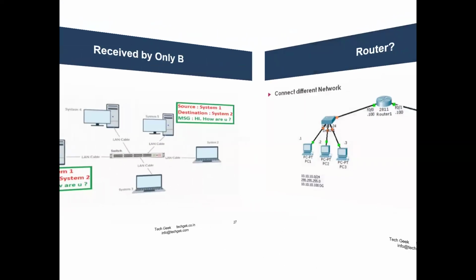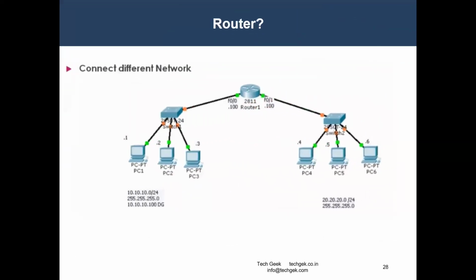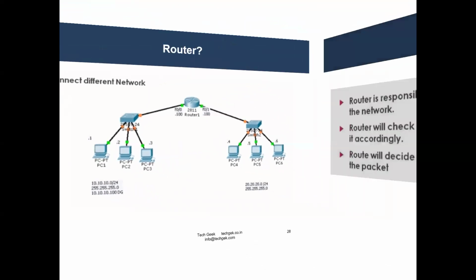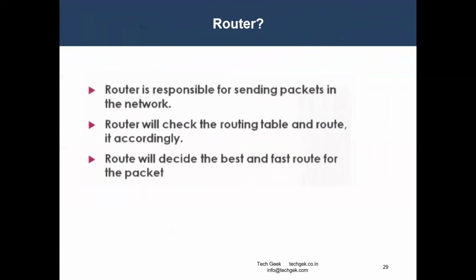Now we have the router. A router connects different networks. A router has different types of connections to the switch, and through that the communication happens. A router directs data packets between different networks.